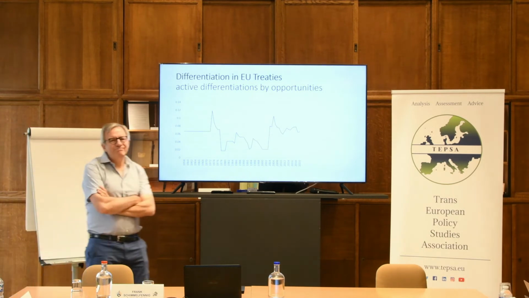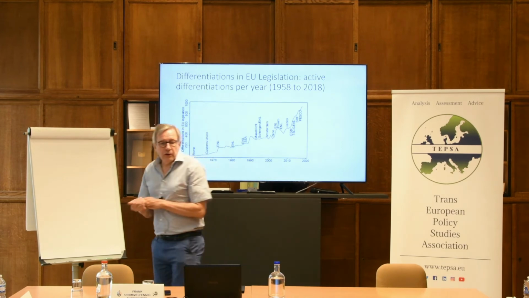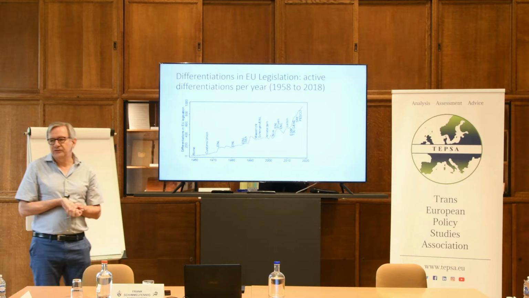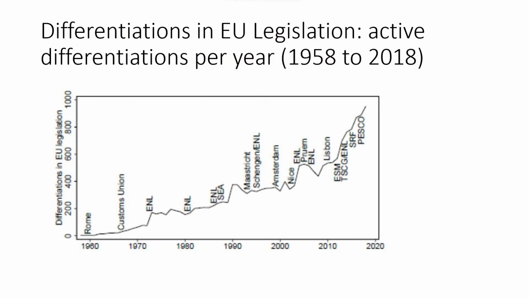So we see a rather similar picture when it comes to differentiation in EU legislation. Here we've looked at regulations and directives over time, and this is until 2018. This is harder to update because it's much more work to look at the legislation than at the treaties.